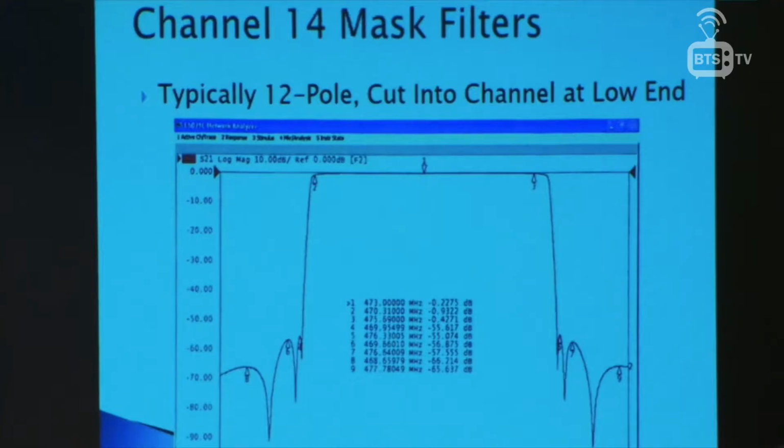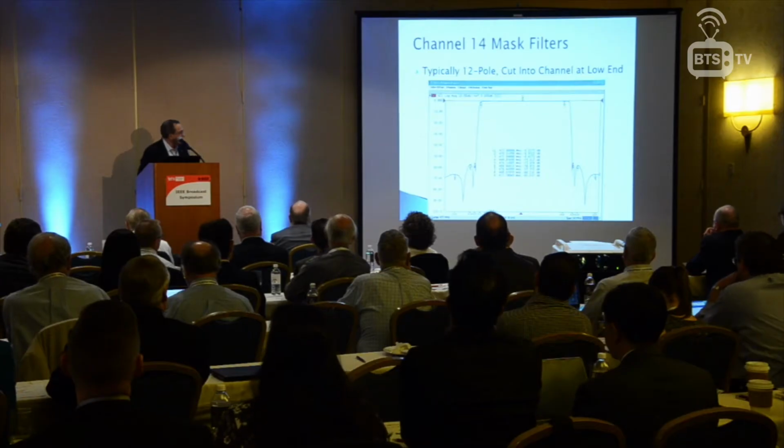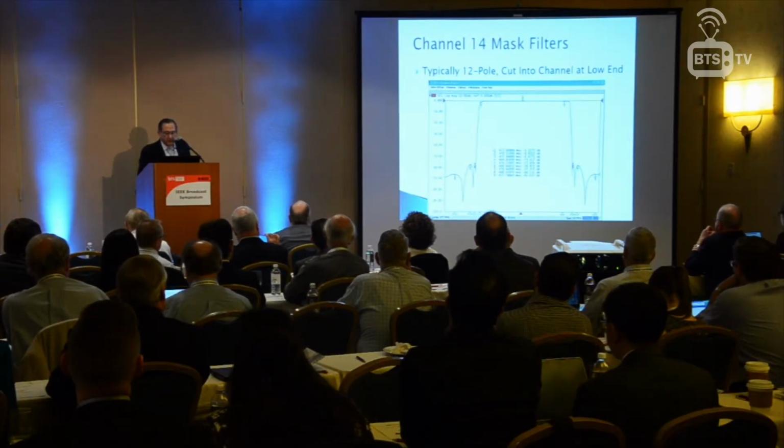So now we come to mask filters for channel 14. This is a typical 12-pole filter, and it's got some unusual characteristics if you're not used to looking at channel 14 filters. The channel edges are here and here. I hope you can see the white lines that are there.